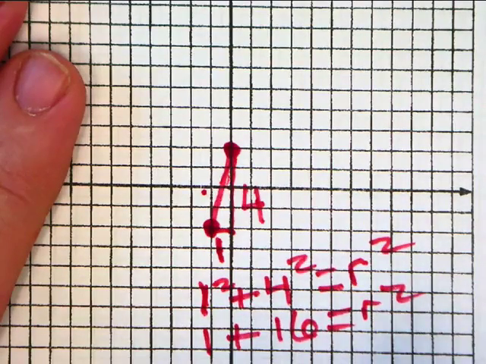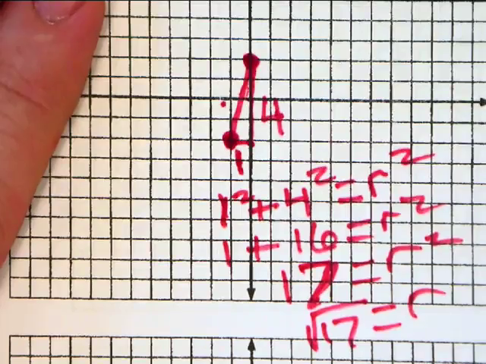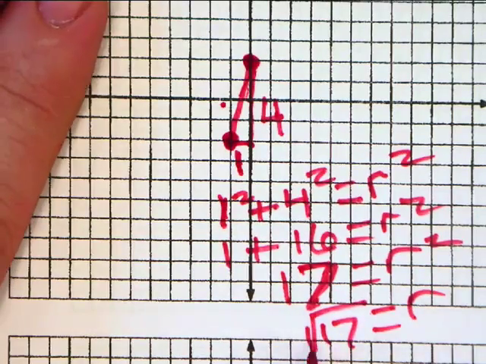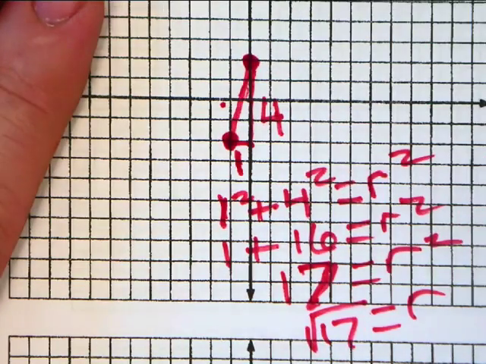And 1 plus 16 is 17 equals r squared. So the radius must be the square root of 17. Okay, so we have the square root of 17 is how long this side is, but what information do we need to finish this?